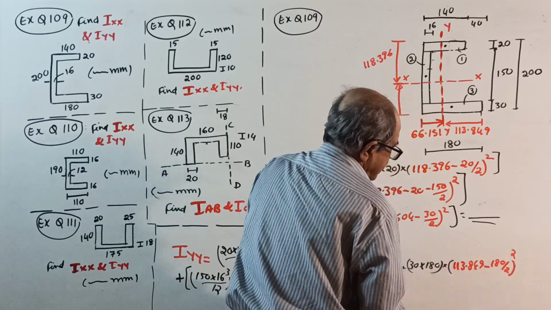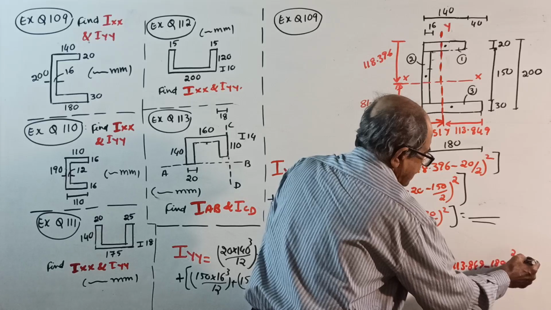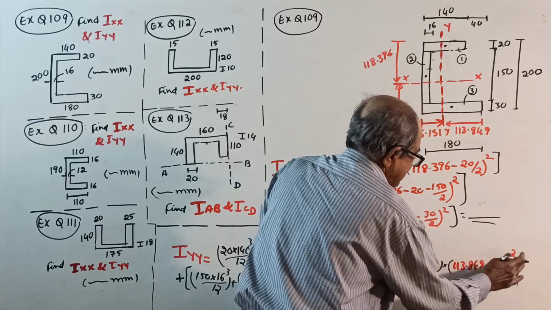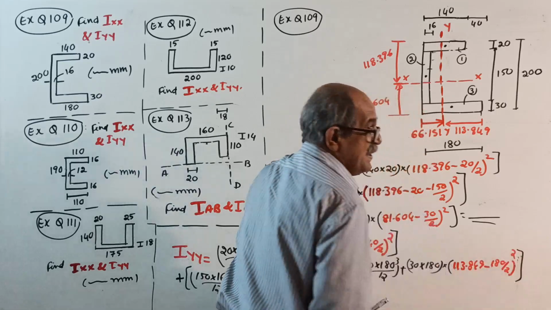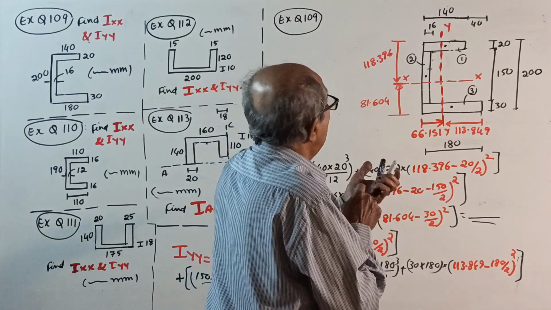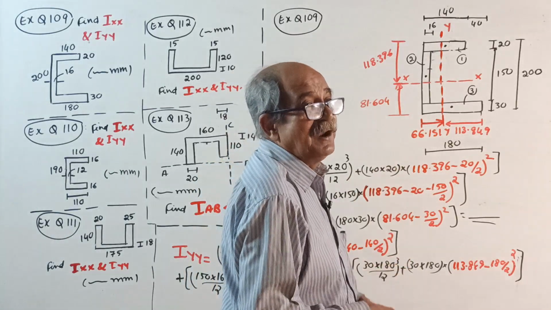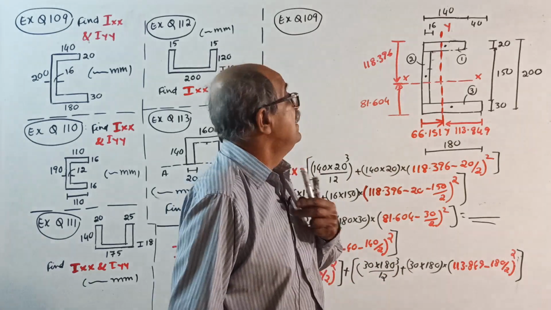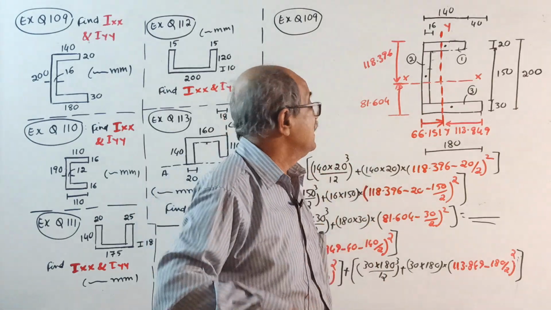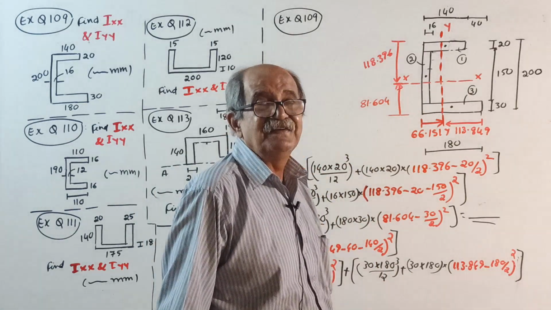If I give the direct answer here, it may take a little more time because I will calculate with the calculator. Sometimes doubt comes whether I cubed properly or not. In some calculators, if you take power 3, you have to press the cursor button, otherwise it will give a wrong answer.